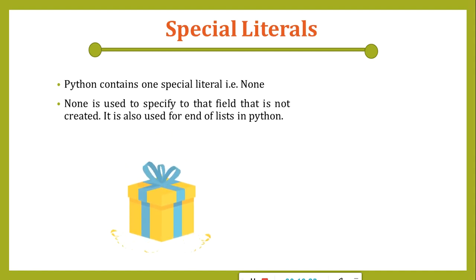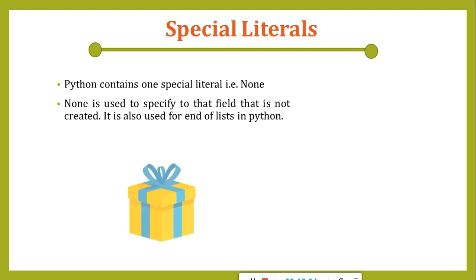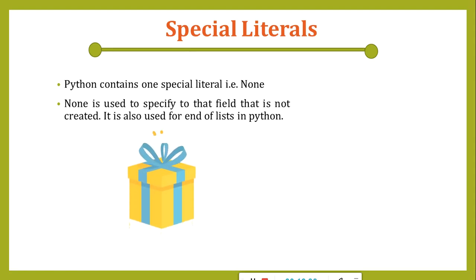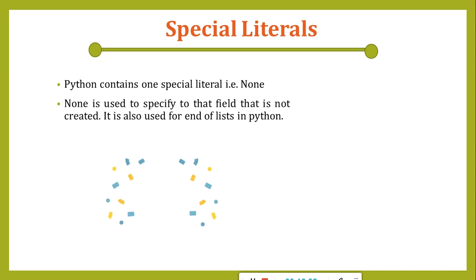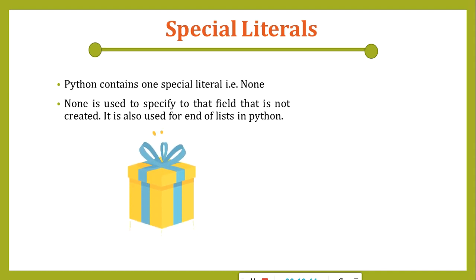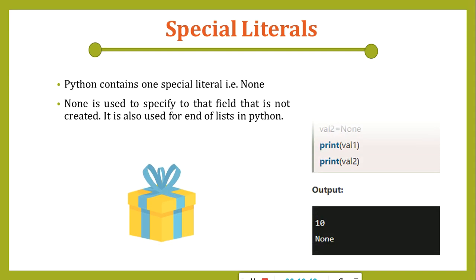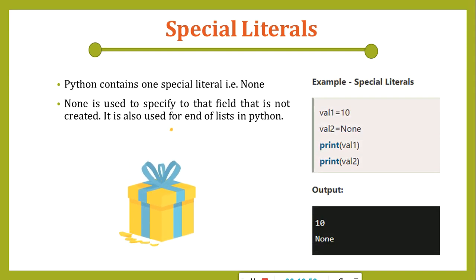But in Python, it acts as a special literal, a special value that can be assigned to any variable, and the value None is used to specify that a field is not created. It is used for the end of a list in Python. If any field is not created, we can simply assign a null, which is the only special literal in Python.